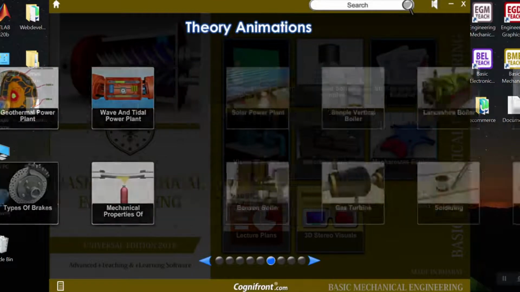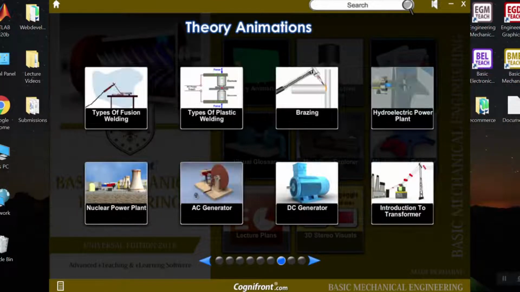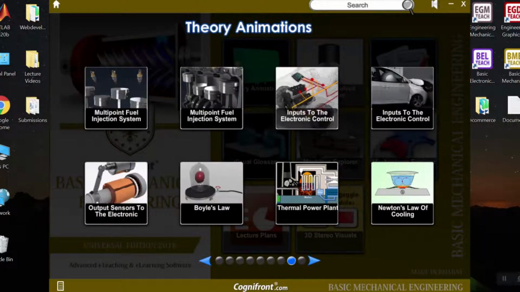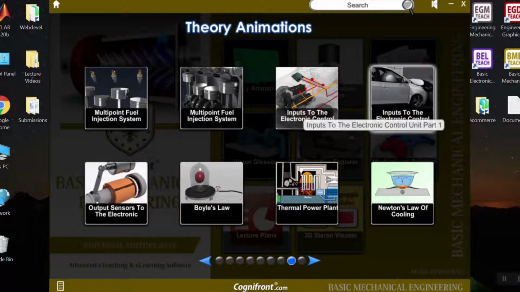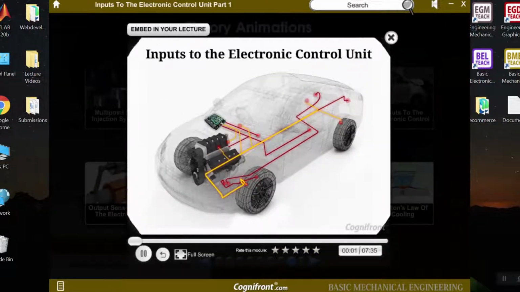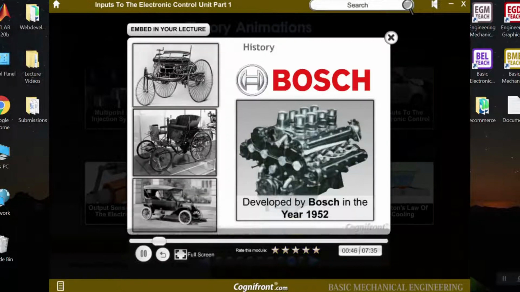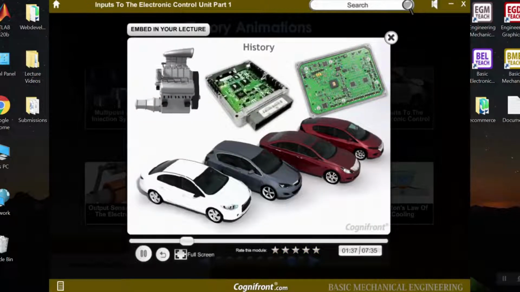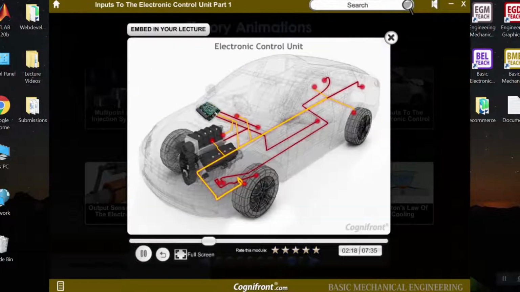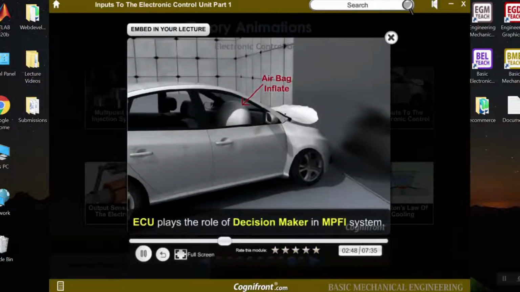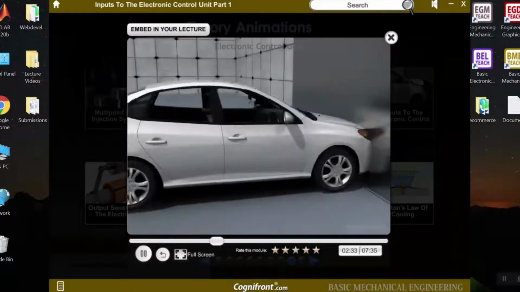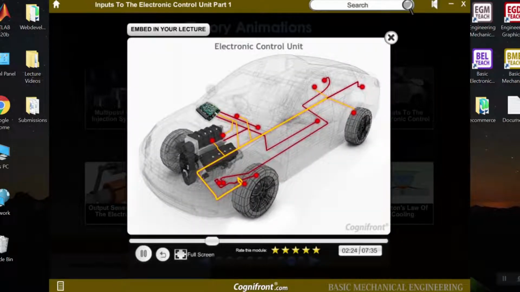There is another video. Actually, there are two videos regarding the electronic control unit. Inputs to electronic control unit. So, in the starting, they have shown the history. Data.